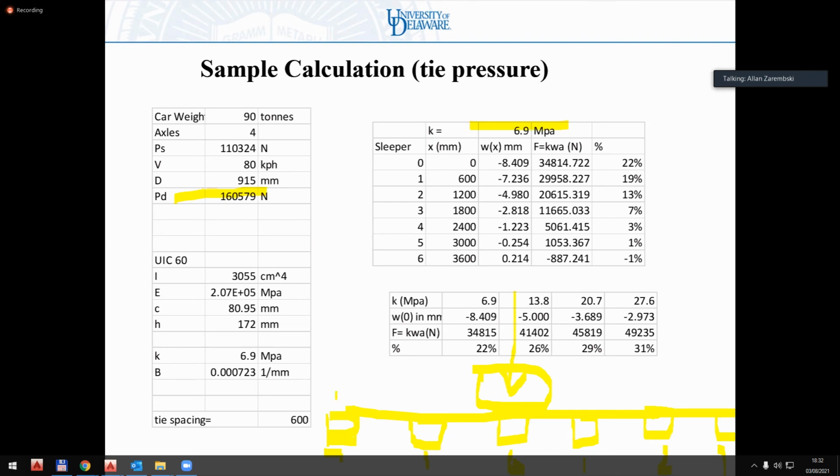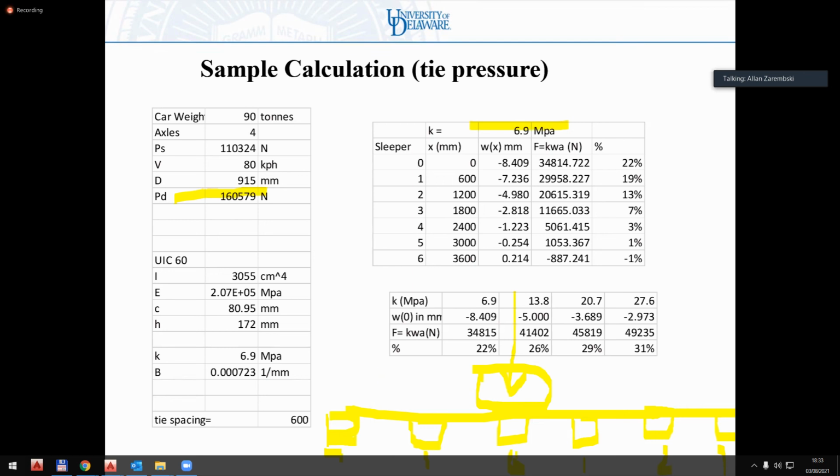So I'm just trying to make the point that one of the purposes of the track behavior is to distribute the load through the track structure. It takes that wheel load and spreads it over multiple ties, not just one tie.